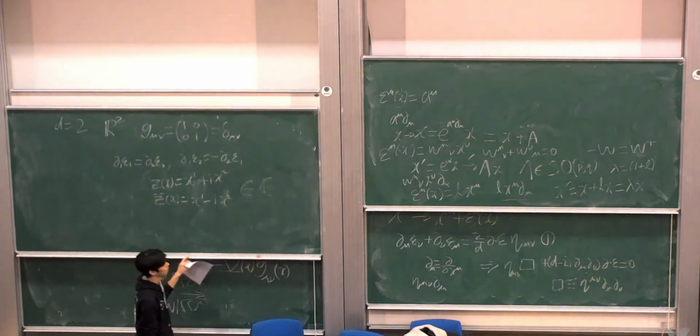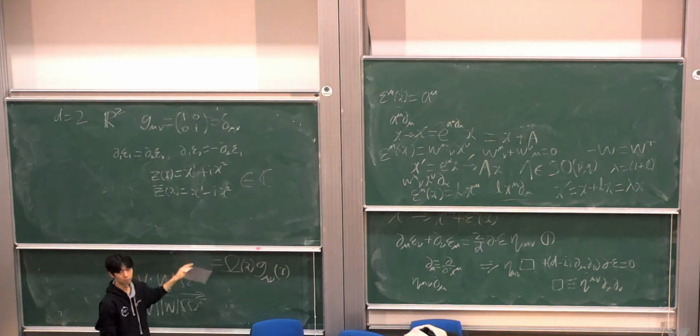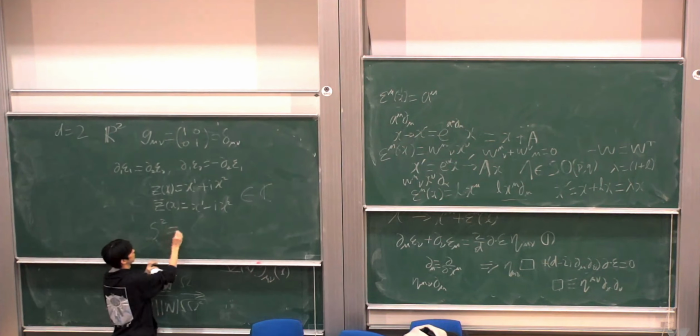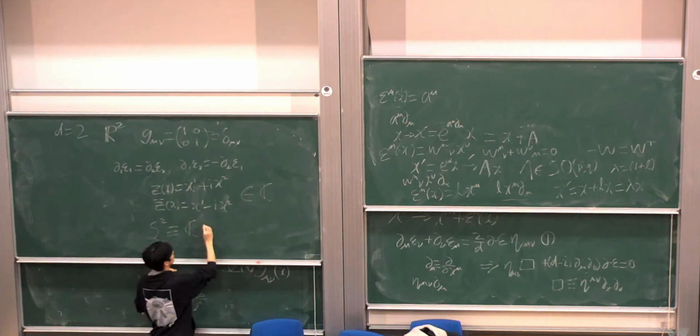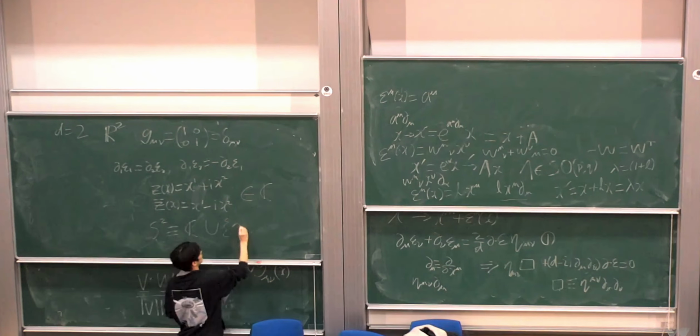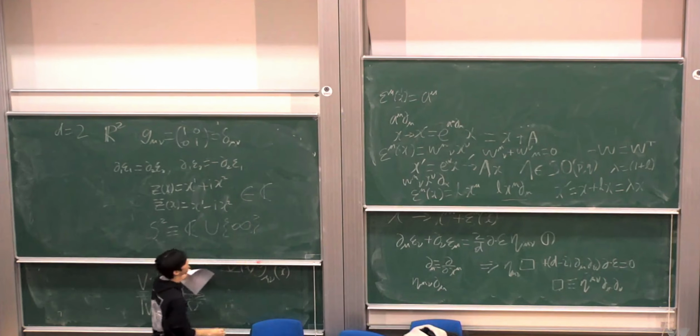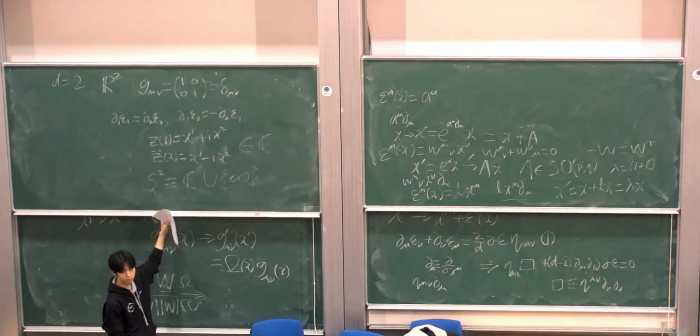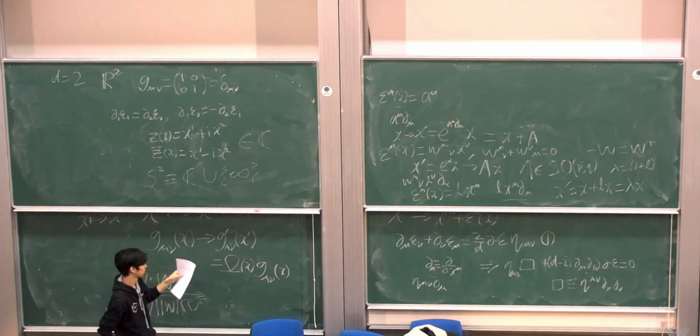But if we compactify it into a Riemann sphere, so it's C union the point at infinity, this is a 2D sphere.